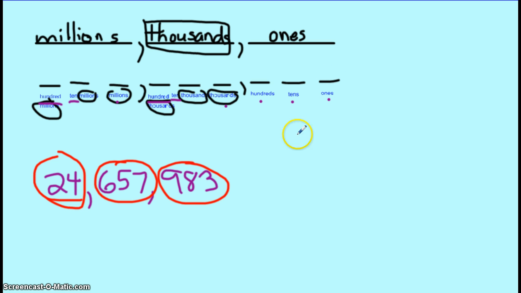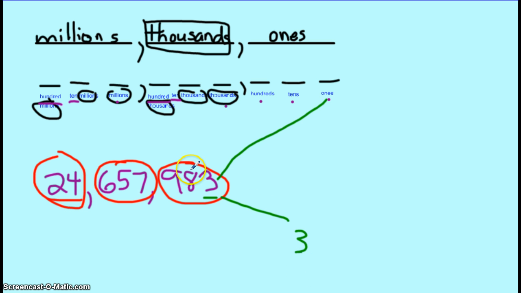So let's take a look at this. What is the place name of that? This is the ones place, and 3 ones. Remember, the digit tells us how many to count. The place value tells me what we're counting by. If I counted by ones 3 times, that'd be 1, 2, 3. So the value of this 3 is 3.